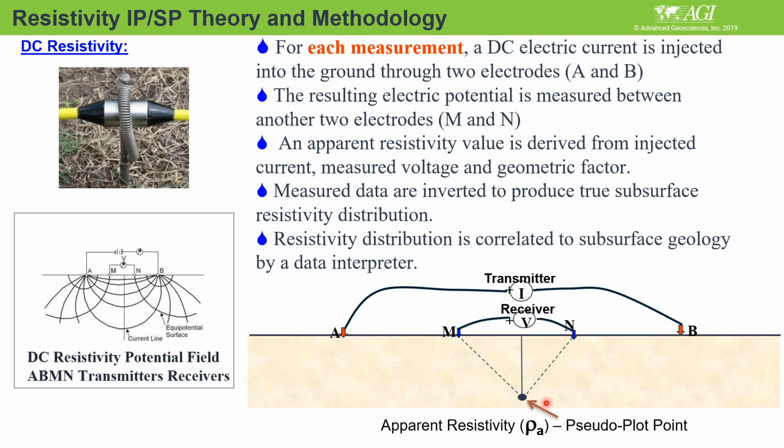The other thing is that instrument technologies increase the number of channels and the number of measurements, and a multi-electrode automatic switching makes everything fast in the field, and those are different things. But the basic theory behind all this is the same.